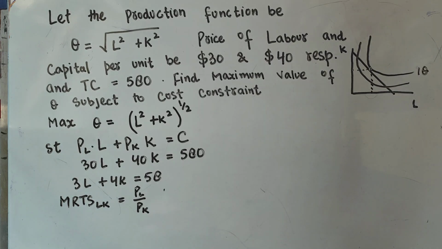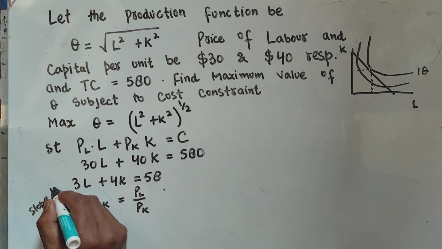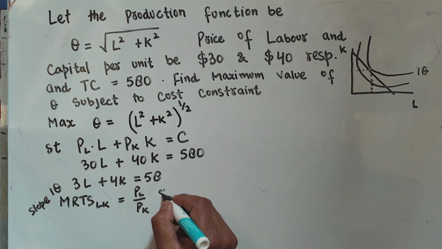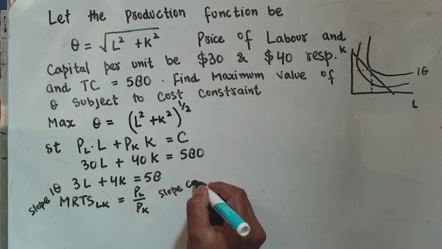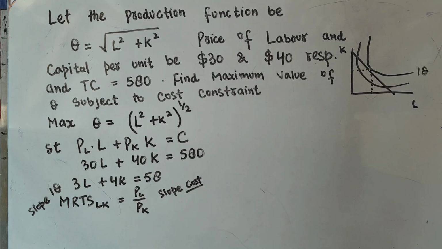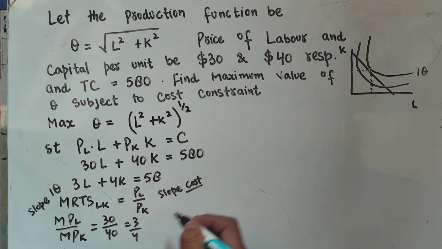Now this denotes the slope of the isoquant, and this denotes the slope of our cost constraint. The marginal rate of technical substitution, we know, is the ratio of the marginal product of labor and marginal product of capital. It should be equal to the ratio of the prices. We have 30 upon 40, which is equal to 3 upon 4.